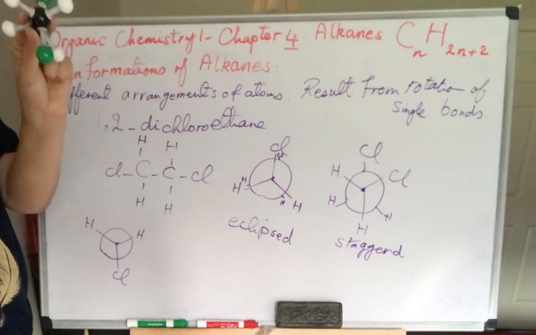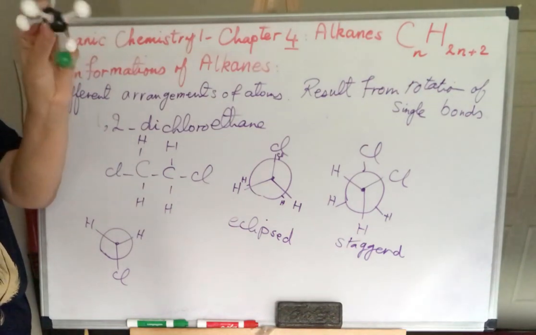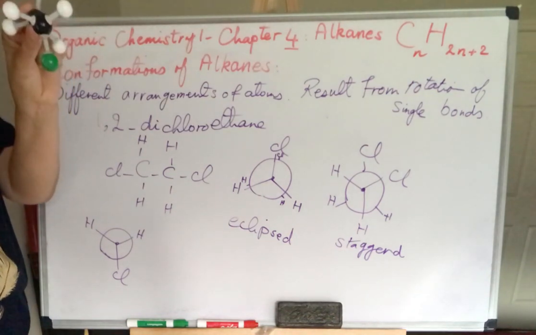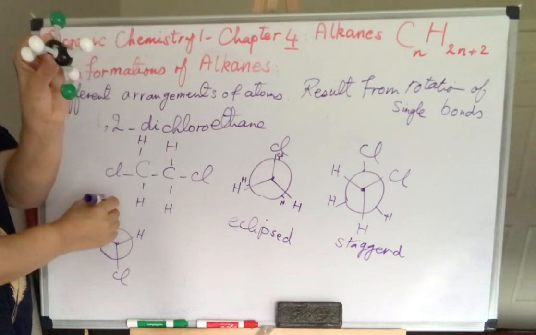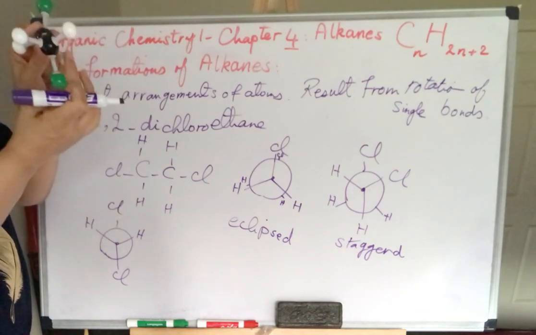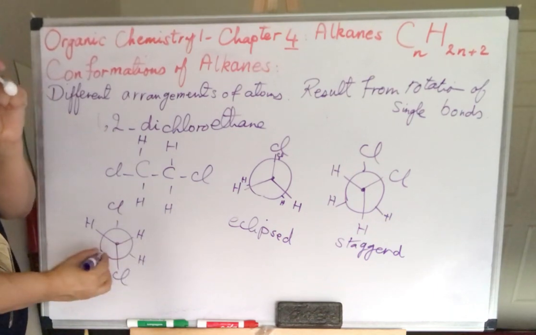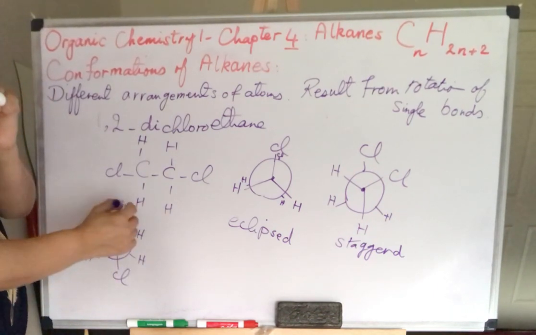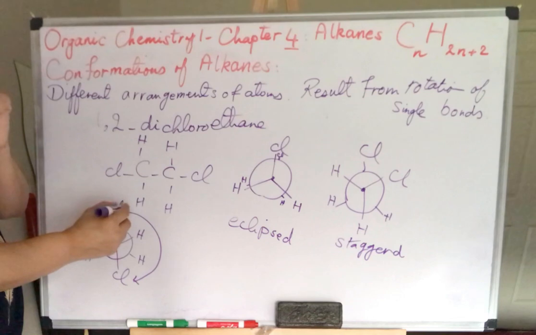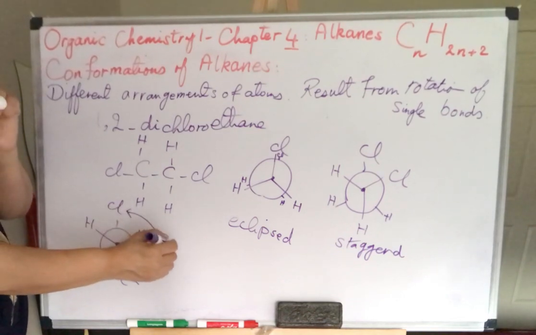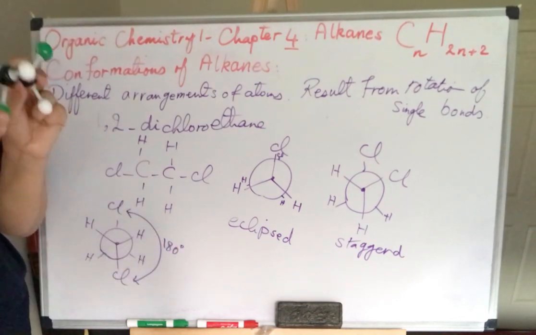On the back carbon, what do you see? 12 o'clock chlorine, 4 and 8 hydrogens. You see, chlorine atoms have 180 degrees distance from each other.